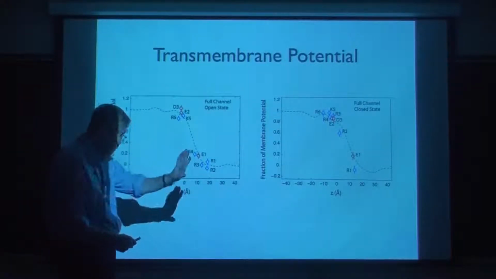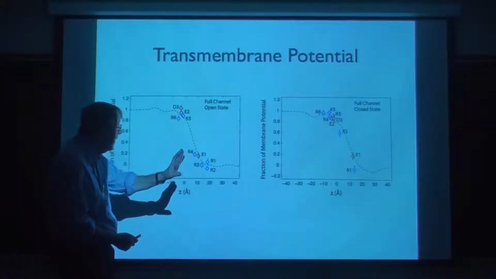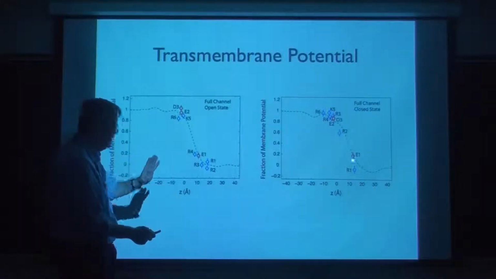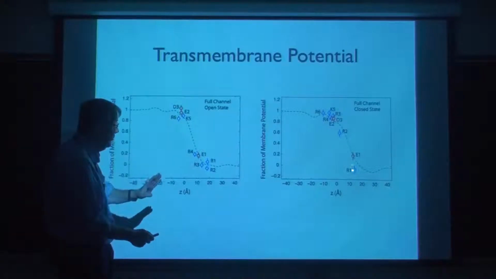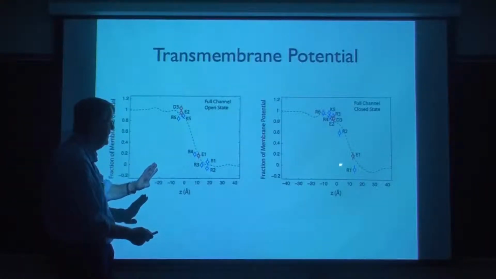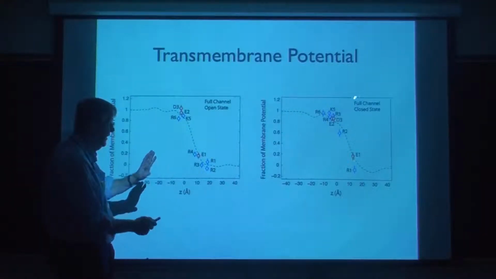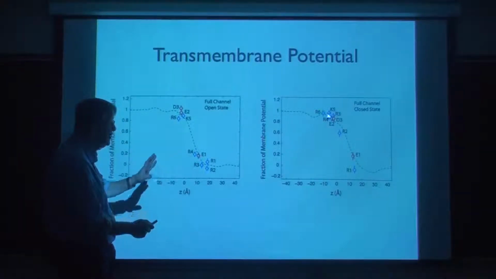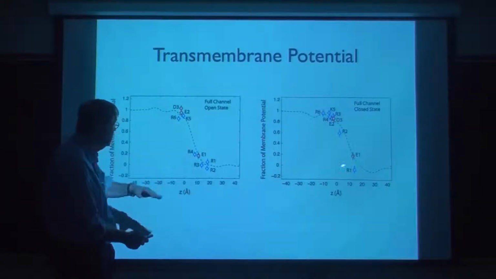We shift the center by 12 angstrom, but with a huge effect on the energetics, because this is a potential drop. And here we are dropping the potential very, very rapidly, and as a result, we are getting a strong coupling to the voltage. So if we have a strong voltage, we shift them.